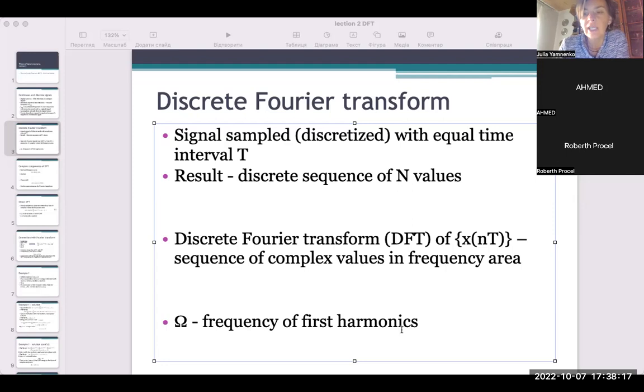And here, for illustration, a very, very simple example, like always. When we execute a very simple example and consider it in detail, then we will be able to apply these tools to more complex signals, because you will know absolutely clearly how to operate with this method. That's why we always start with a very simple example.